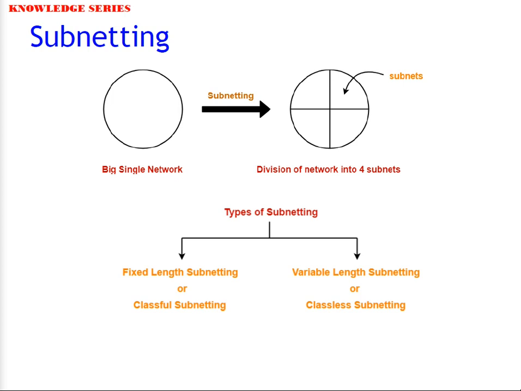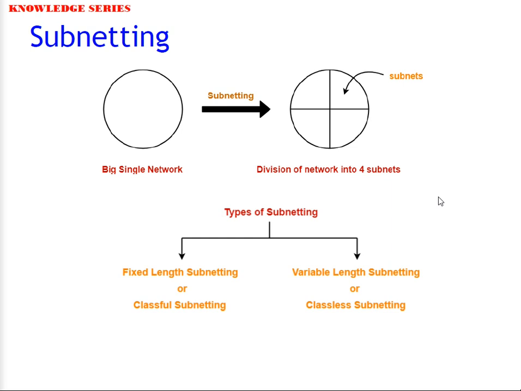Now, as I have informed you, subnetting is basically the process of dividing a single network into multiple networks. So you can see this is one network, and it is divided into 4 different quadrants, which are the subnets.